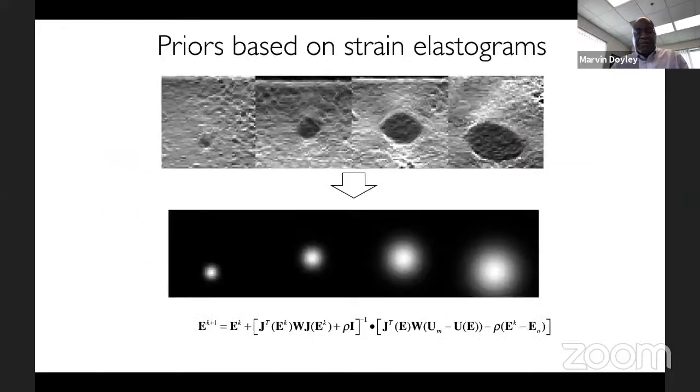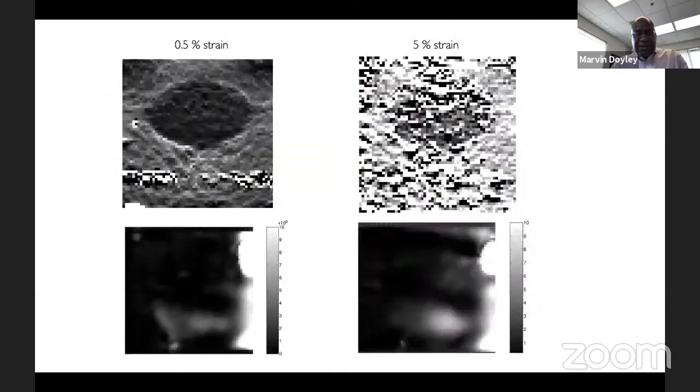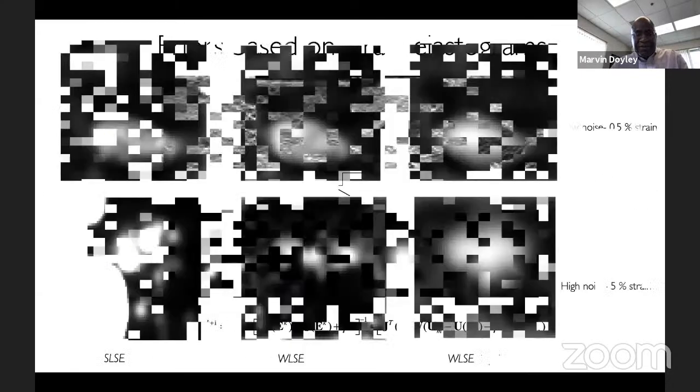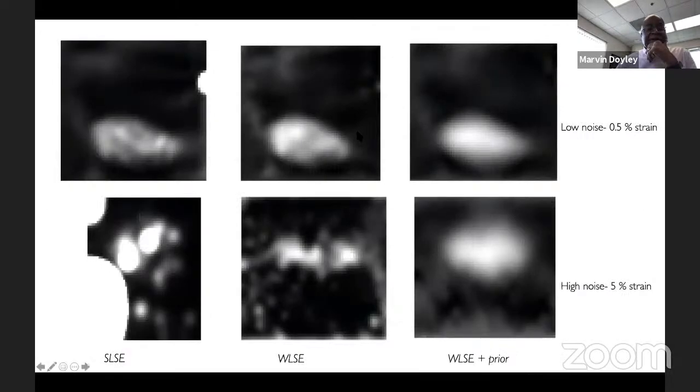Okay, I missed the image. Yes, all right. Here's the case of low noise: with the standard least squares, we nail it. This is our weighted least squares, which looks much cleaner. I'm going to talk about another case where we have a prior, and you will see that once we have the prior, it's even better.